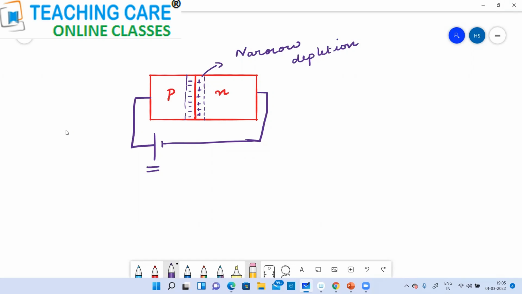Yes, ma'am. So the first one, during the forward biasing, the applied DC voltage opposes the fictitious battery developed across the PN junction.